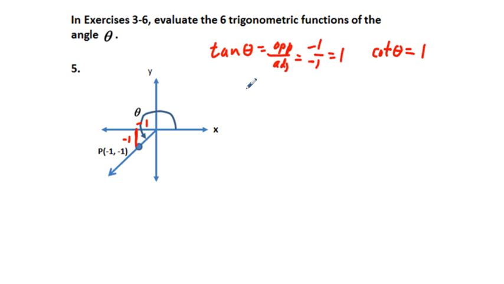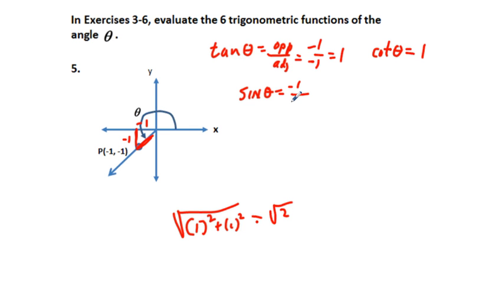Now sine is going to be opposite, and opposite is going to be -1 over, what is this hypotenuse here? Hypotenuse is going to be, if we work this out, square root of 2.